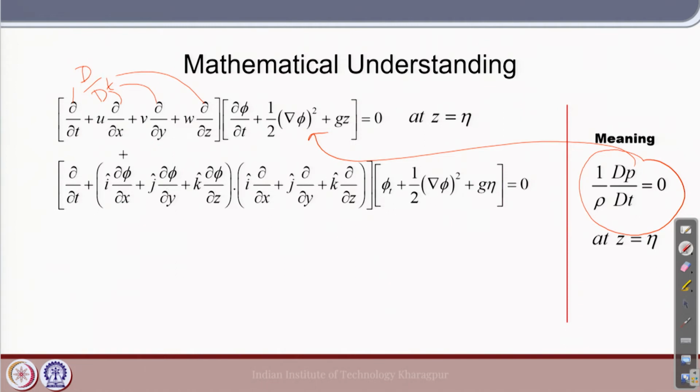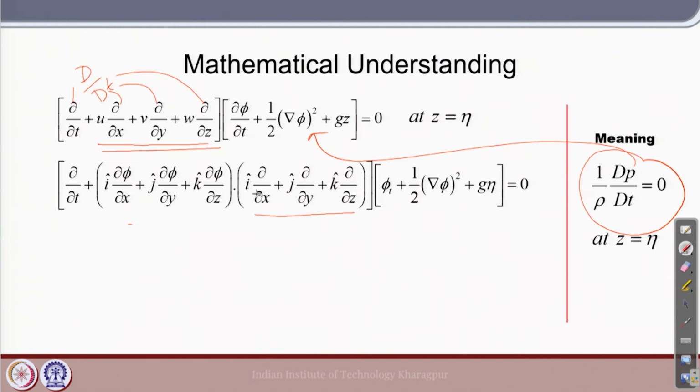And apart from that, I write another component as i del del x plus j del del y plus k del del z. Now, you see if you do this, that is how I break this u del del x plus v del del y plus w del del z this way.